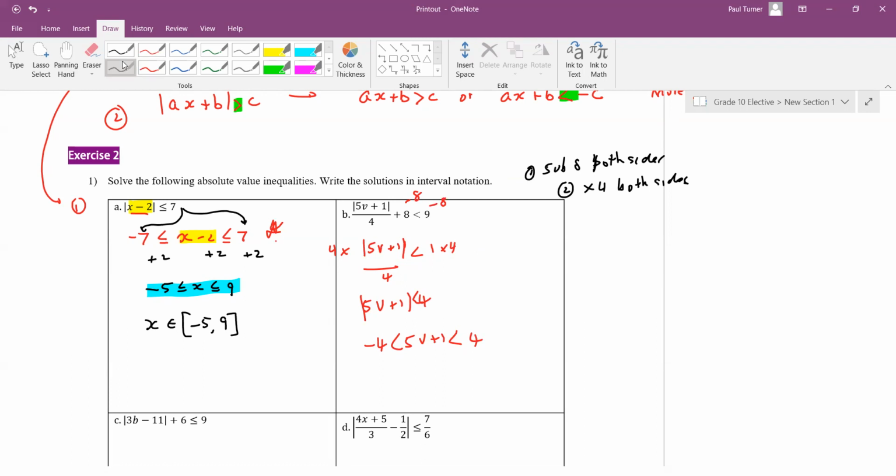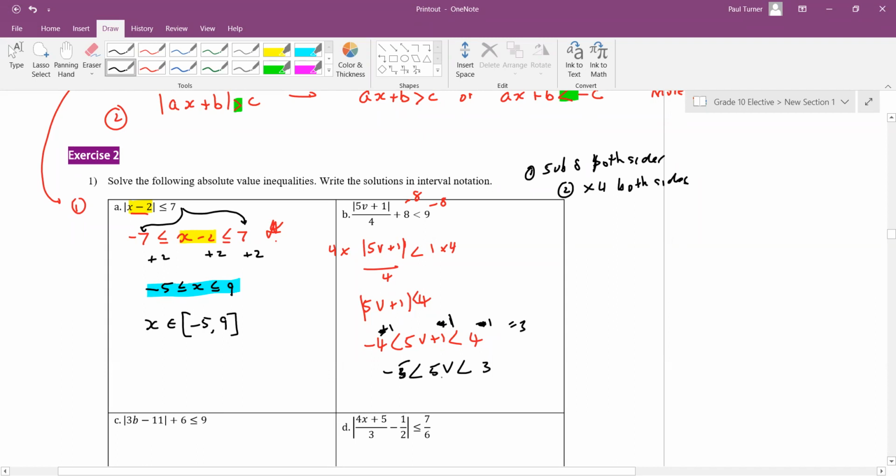So then we can add 1 to both sides. So minus 4 minus 1 is minus 5. So 5v, and 4 minus 1 is 3, like that.